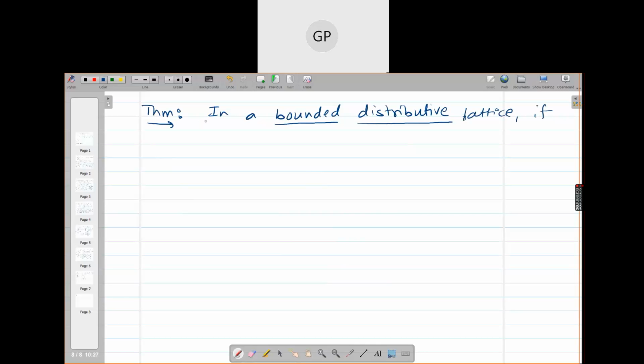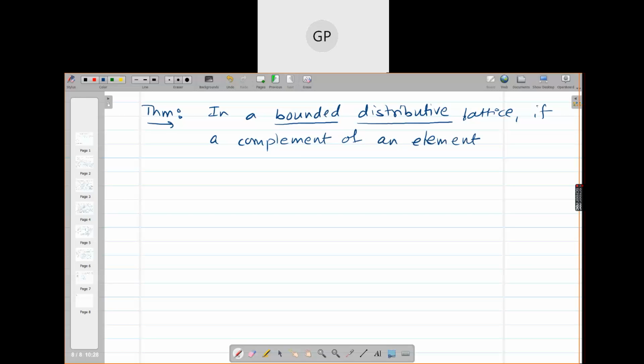if a complement of an element exists. So this is again important.